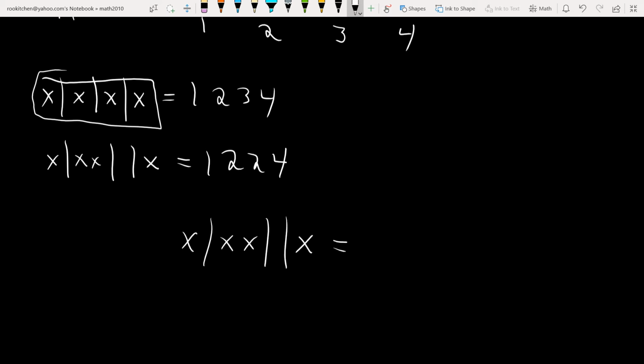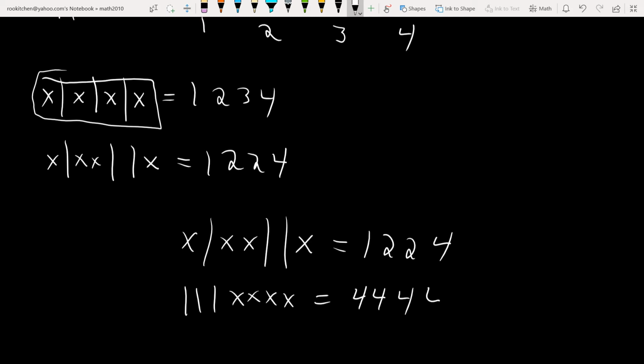So we can transform this into 1, 2, 2, and that's the one I just wrote. Sorry. So let's go 1, 1, 1, and then 1, 2, 3, 4. What number is that? Oh, that's 4, 4, 4, 4.